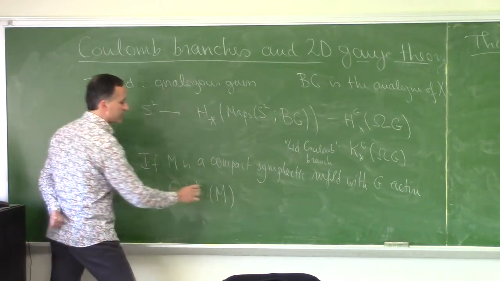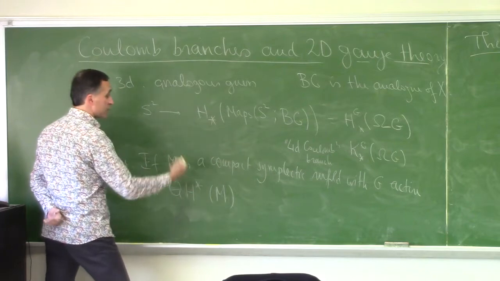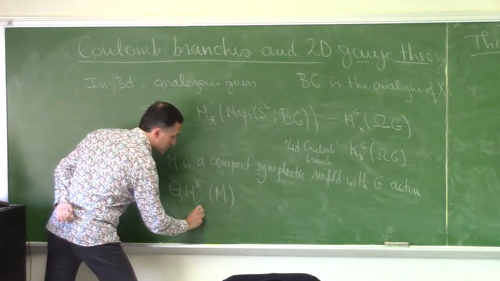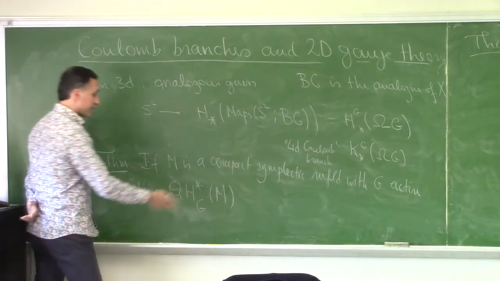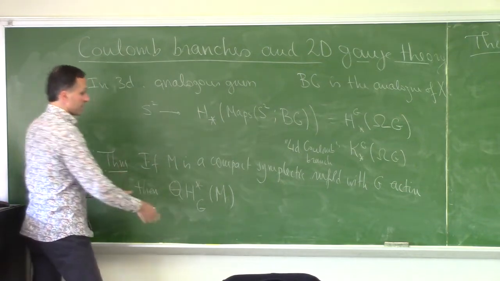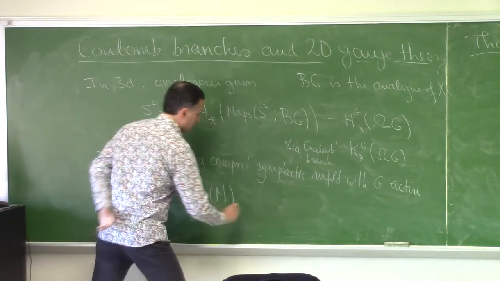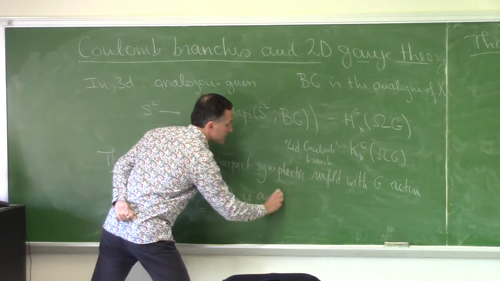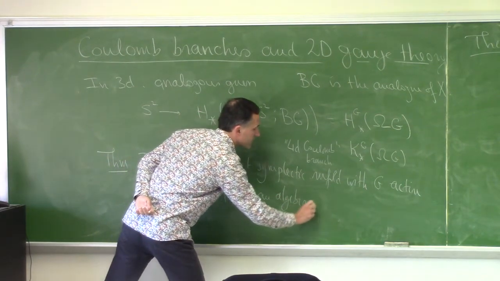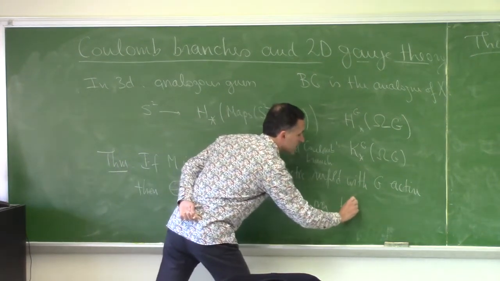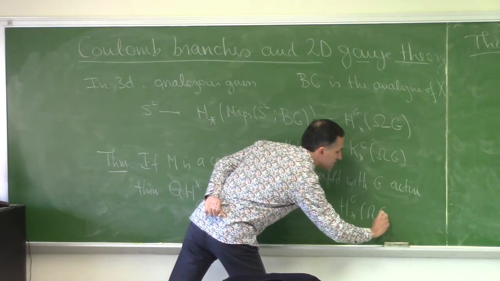It's a cohomology of M with some deformed product which counts holomorphic curves, made equivariant for the G action. It means something obvious because G acts everywhere. It is an algebra over the Teleman homology of omega G.